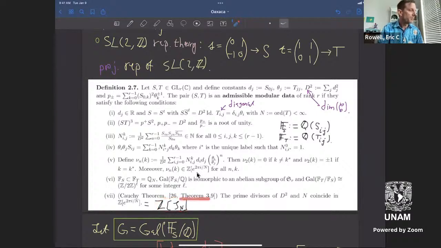The last one is the one that was most important recently in proving that for any given rank, there are definitely finitely many modular categories, the rank finiteness theorem. That relied on this so-called Cauchy theorem, which is analogous to the Cauchy theorem of finite group theory. Basically, it's saying that the prime divisors of D squared, so prime ideal divisors, and N, which is the order of the T matrix, coincide in this Dedekind domain.